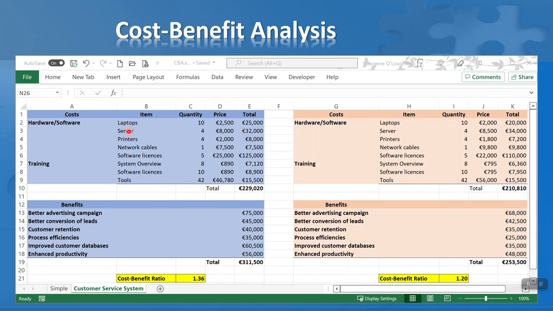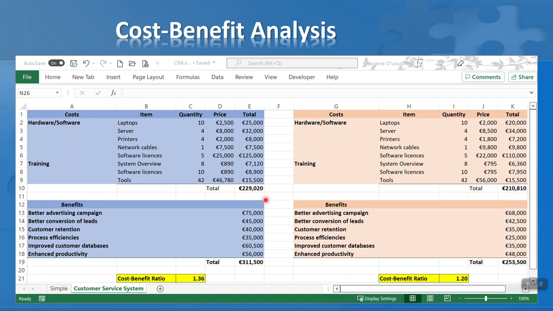So you can see I need some technology, laptops and cables and servers and licenses and so on. We've got the quantities for each, the price of each from the supplier, and then the totals and costs, and the total cost for the blue supplier is €229,020. Now that is a higher cost than the supplier on the right hand side is quoting us.